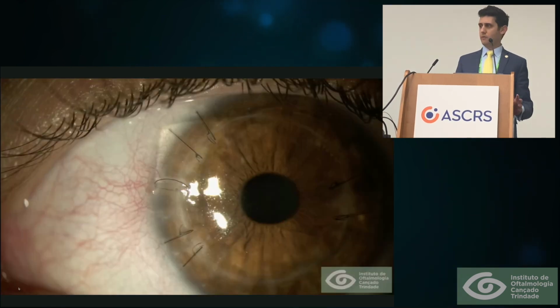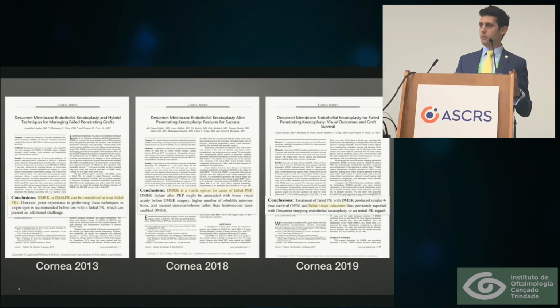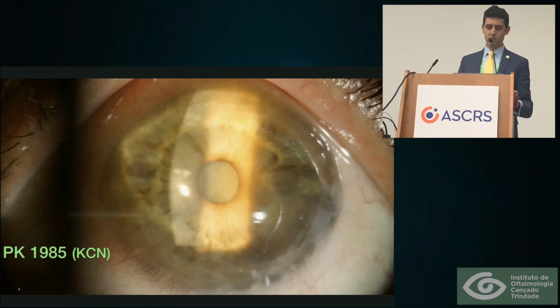And for many other reasons, we also fear sutures. So we're pretty much convinced by the superiority of DMEK when treating failed previous penetrating grafts. However, this approach might not be appropriate when we're dealing with irregular corneas.